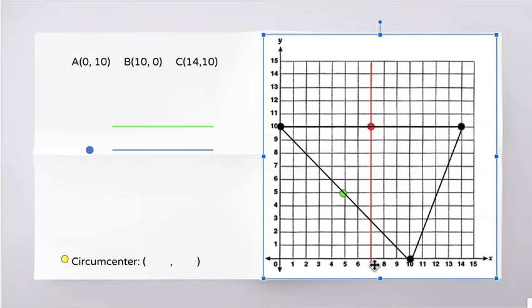The next thing is I need to be perpendicular to this segment. I can choose any 2 points that are on this segment, and it doesn't just have to be these 3 that are here. I can use those though. So if I look, I'm going down from the midpoint. I have to go down 5 and then right 5. So that would be -5 over 5 for that slope.